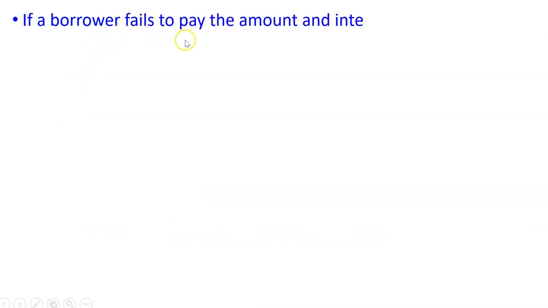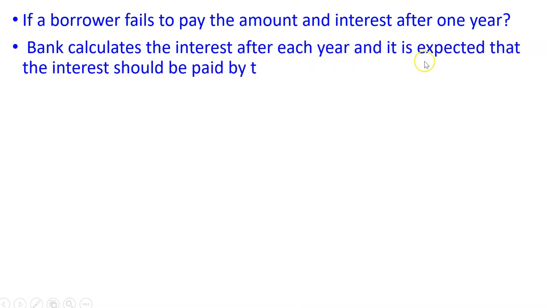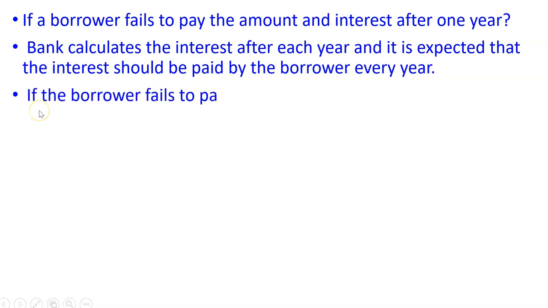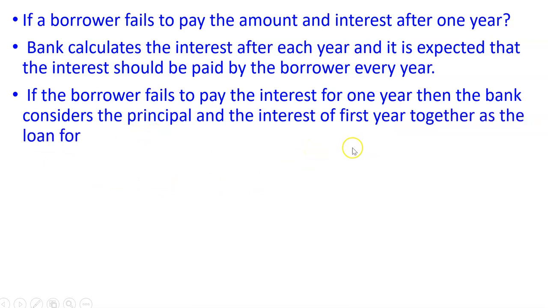If a borrower fails to pay the amount and interest after 1 year, the bank calculates the interest after each year, and it is expected that the interest should be paid by the borrower every year. If the borrower fails to pay the interest for 1 year, then the bank considers the principal and the interest of the first year together as the loan for the second year.